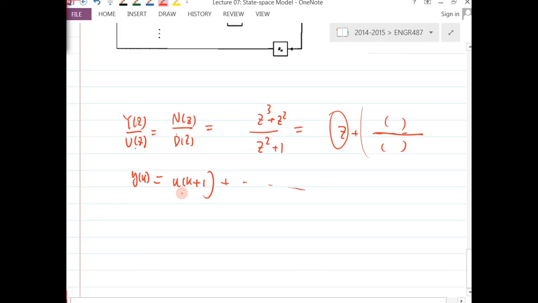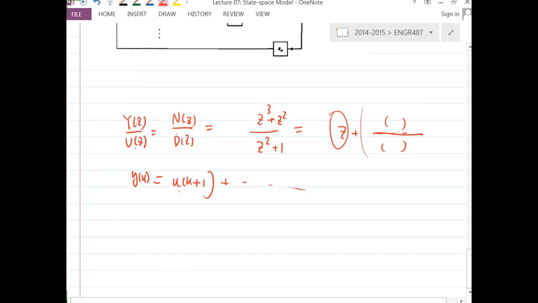Okay? You learned about the causal system. A causal system cannot depend on the future. In a causal system, the output can only depend on the present and the past inputs. That's causal, right?